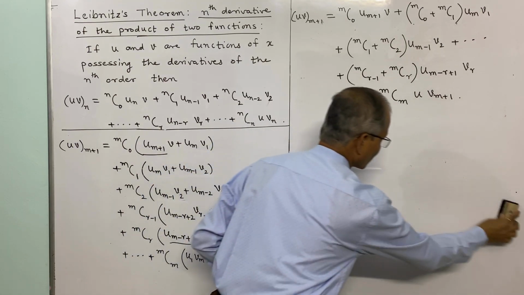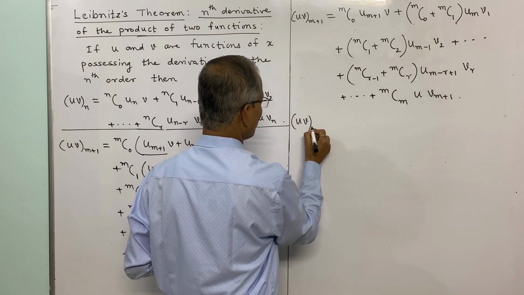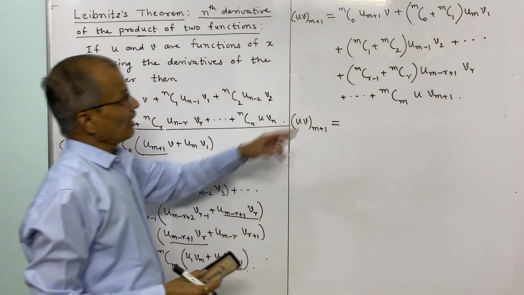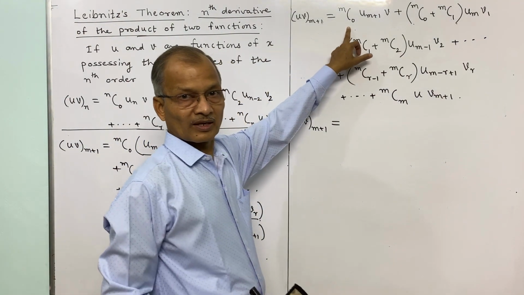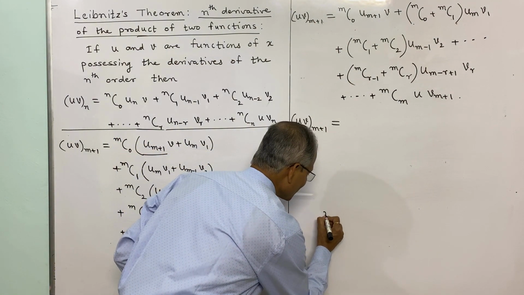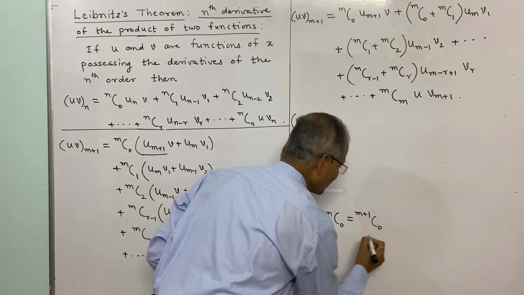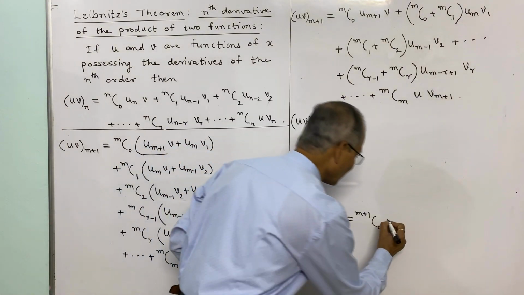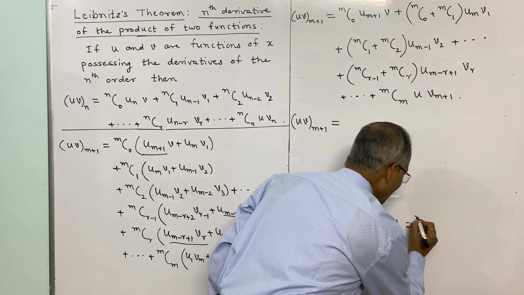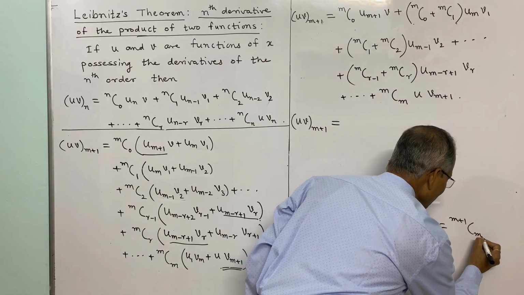This is further equal to the m plus 1th derivative of u into v is equal to m choose 0, which is actually 1, and we are going to use that m choose 0 is the same as m plus 1 choose 0, is the same as n choose 0, all equal to 1, and also this is equal to m choose m, or m plus 1 choose m plus 1.